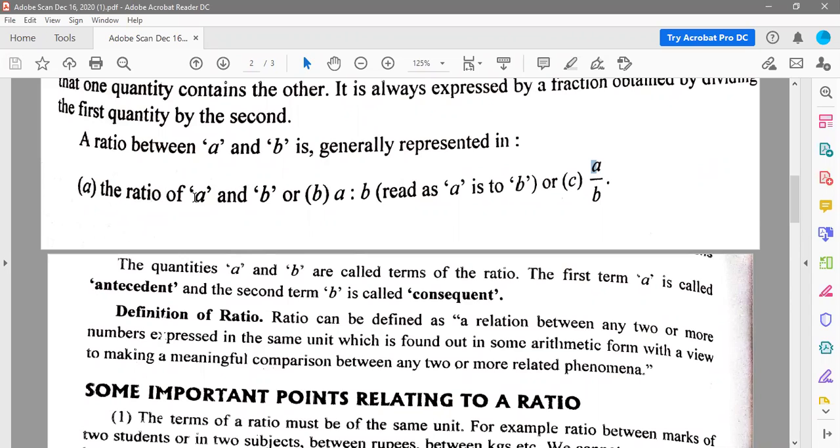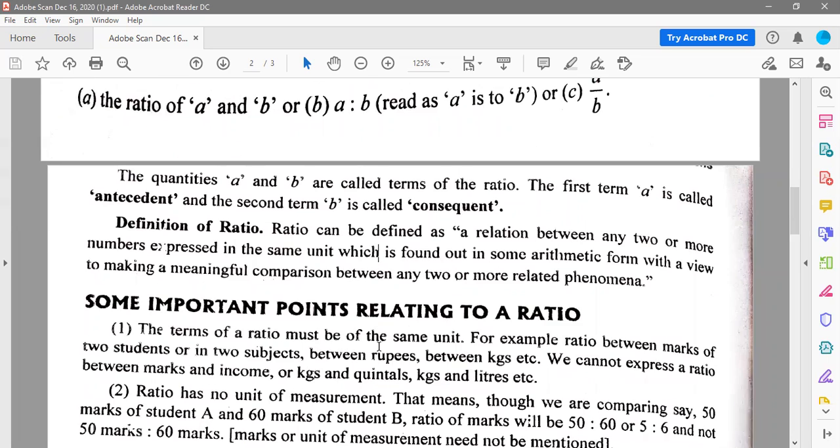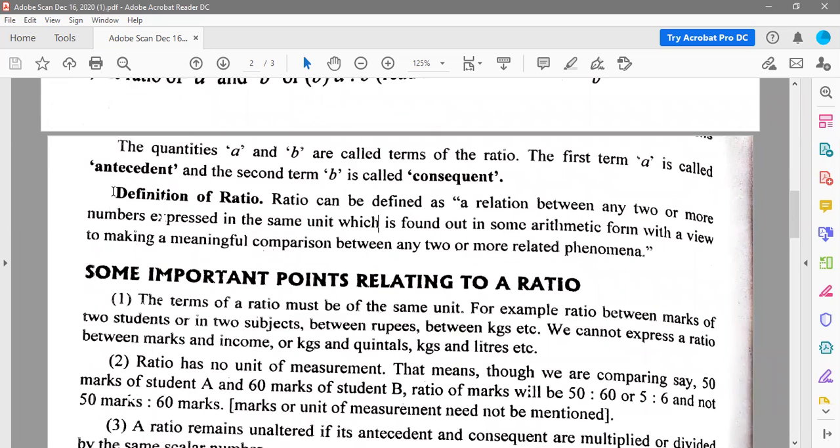So these are the basic things that you'll have to understand about the ratio. It is a comparison between two quantities of the same kind. Okay, if they ask the definition of ratio, you can write this, which just means the same as whatever we have studied until now. It is just the repetition of that given separately.